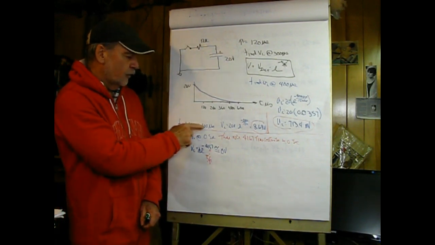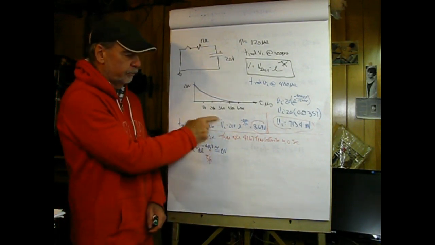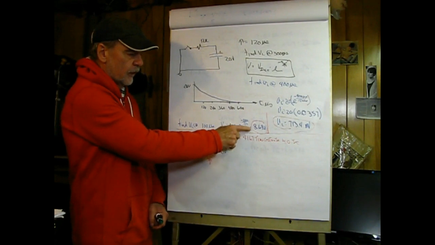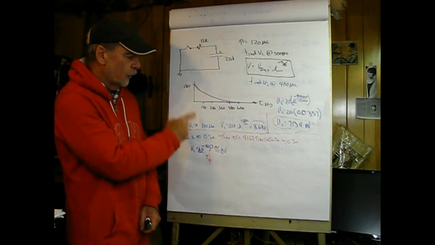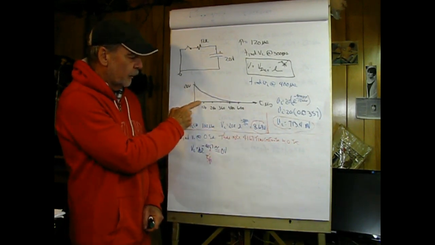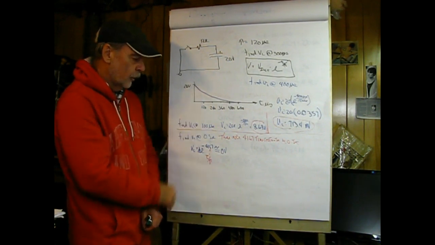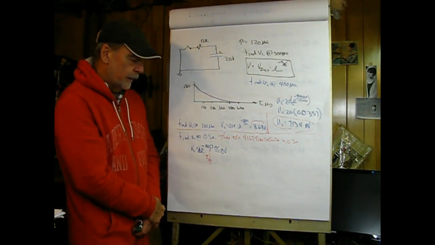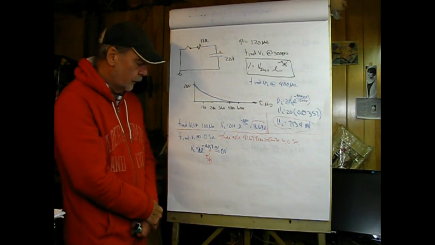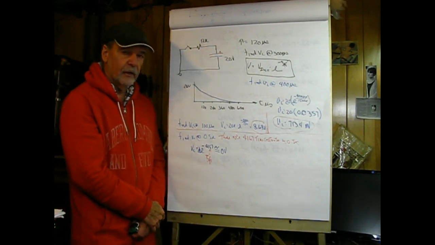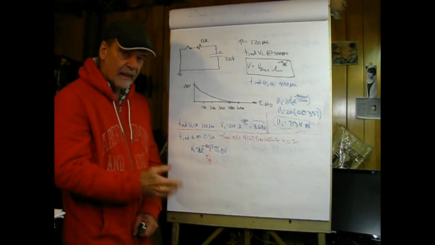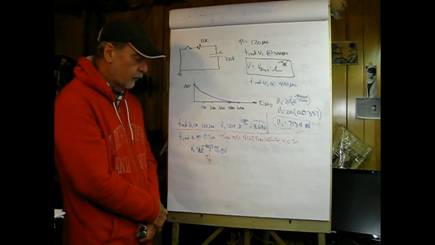Next we can find VC at 100 microseconds. Same formula, that comes out to be 8.69 volts. 100 microseconds would be about here. So that value makes sense. And then let's do one really weird one, find VC at 0.5 seconds. So there's a whole lot of time constants in 0.5 seconds.